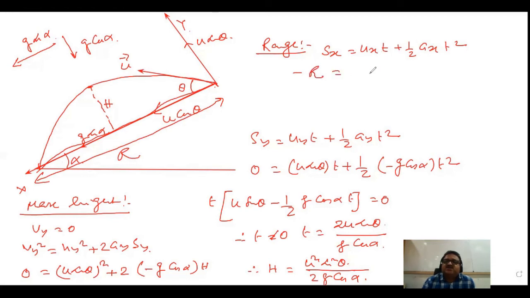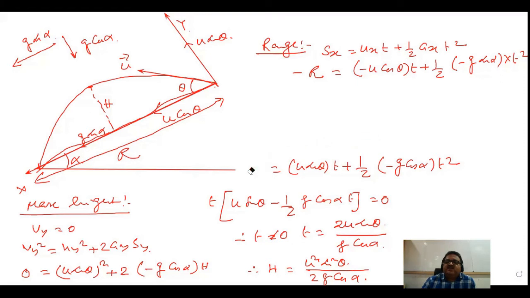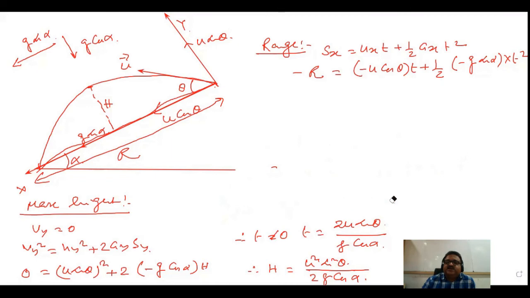What is ux? It is along negative x axis, minus u cos theta into t, plus half ax, which is minus g sine alpha into t square, where t is the time of flight. Clear? Now, let me find out the value.